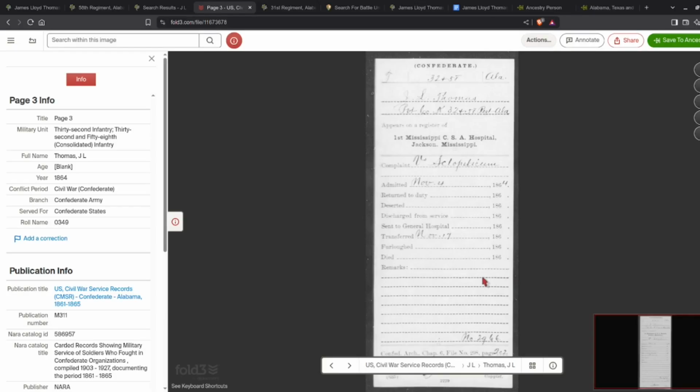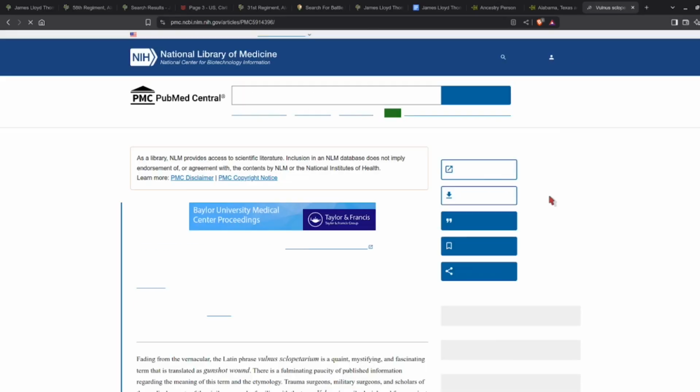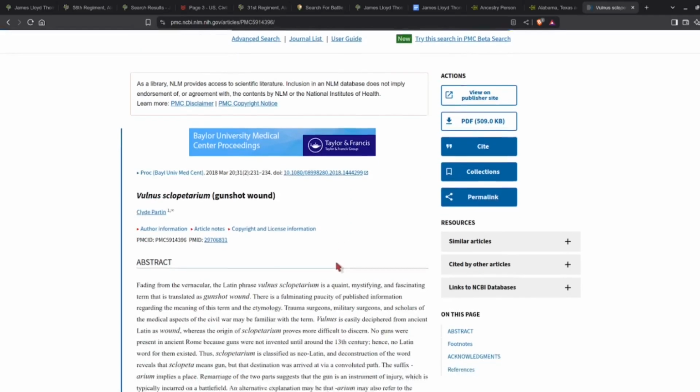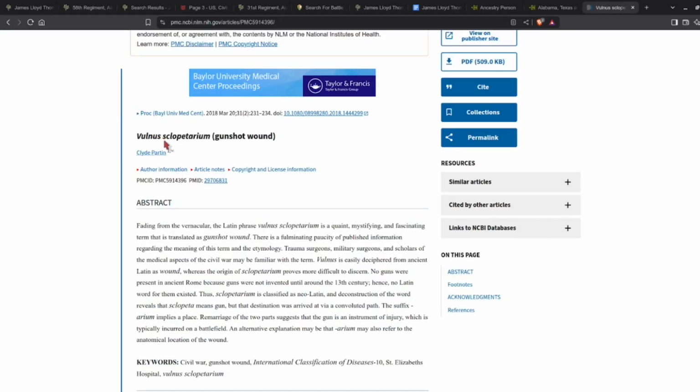So this J.L. Thomas, there is a chance that he did die. If he was put in the hospital, I would have to look up what that particular condition was, but I'm going to guess some kind of infection. Okay, so here we go. Vulnus sclopetarium is a gunshot wound.